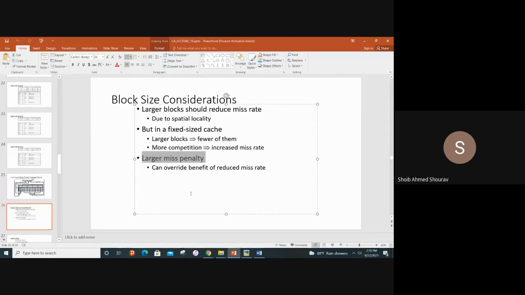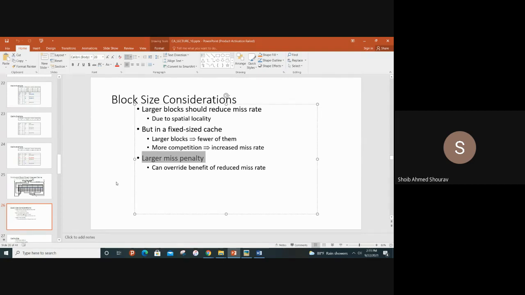Because if a block is missing and that block is larger, for example 8 words per block, then for a miss we have to copy 8 words. We saw in the last example what the processor would do for missing word 20. The processor had to copy 8 words into the cache, right?